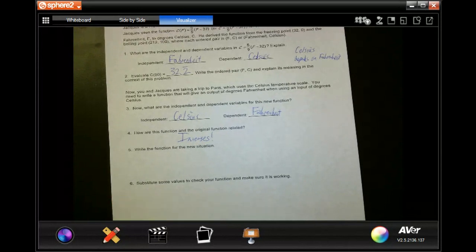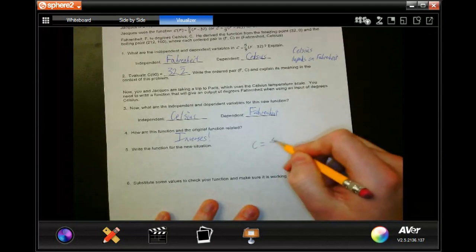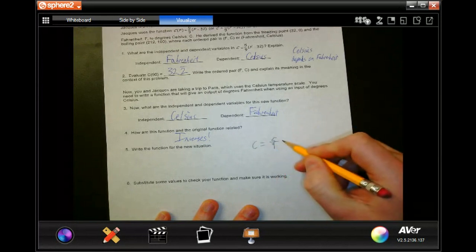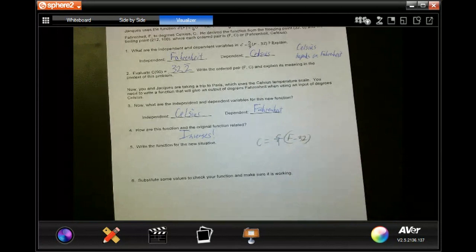We started with, let me put this in pencil, C equals 5/9 (F minus 32). So we want F on the other side of the equation. How do we get F on the other side? Well, we get it by itself.